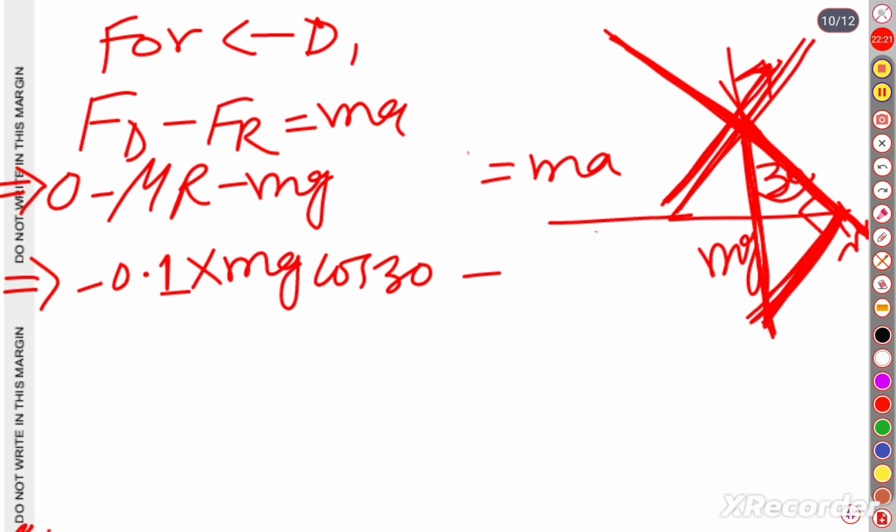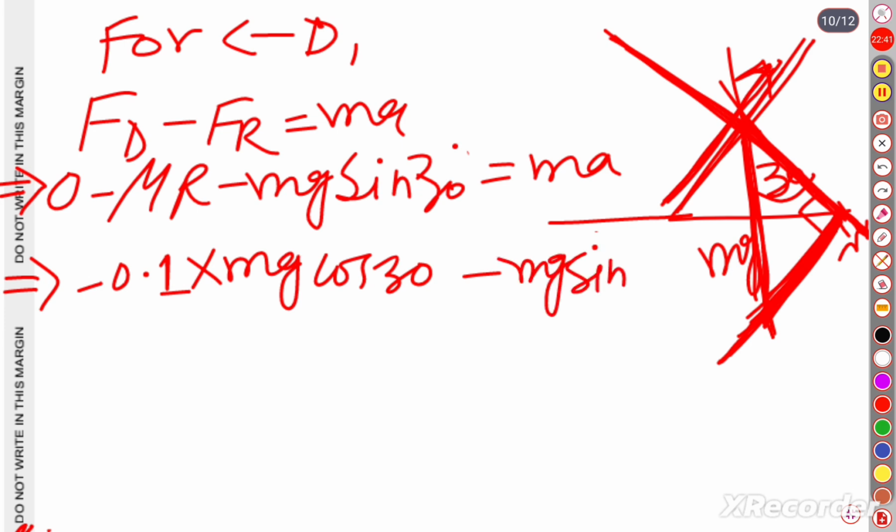That means the force should be resolved vertically. This is the vertical line according to our triangle. So for vertical it is going to be sine 30, you know it very well. So mg sin 30 degree equal to the right side.